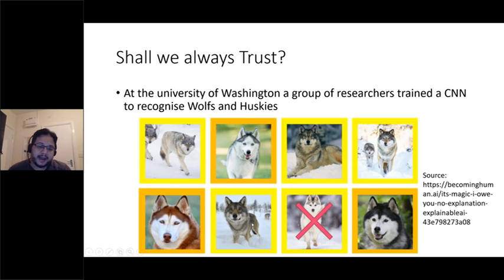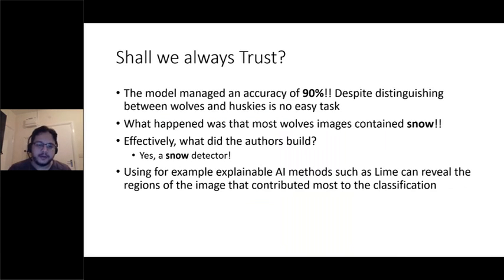If we apply it, Lime will highlight that it is snow that influenced most of the decision. When we remove the snow and put it black, the image will be detected as a husky, and when we keep it, it will be detected as a wolf. So this method removes portions of the image, sends it to the classifier, and sees which portion influences the decision most.